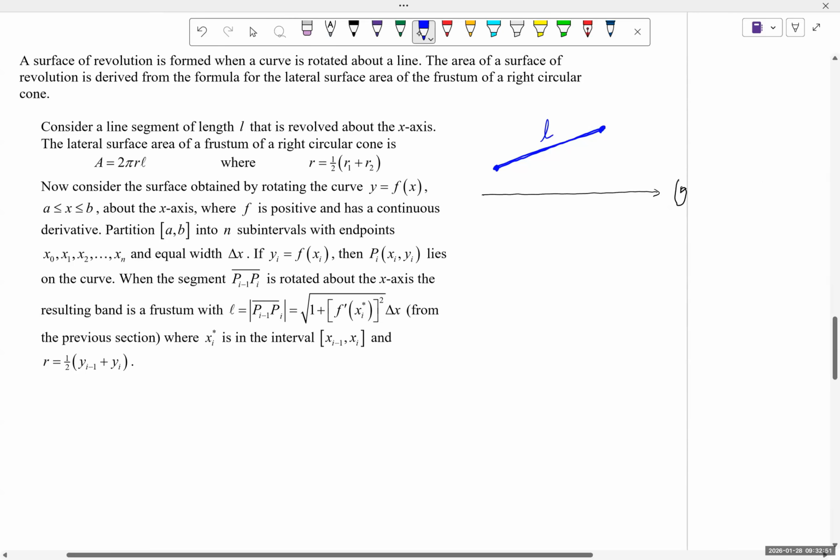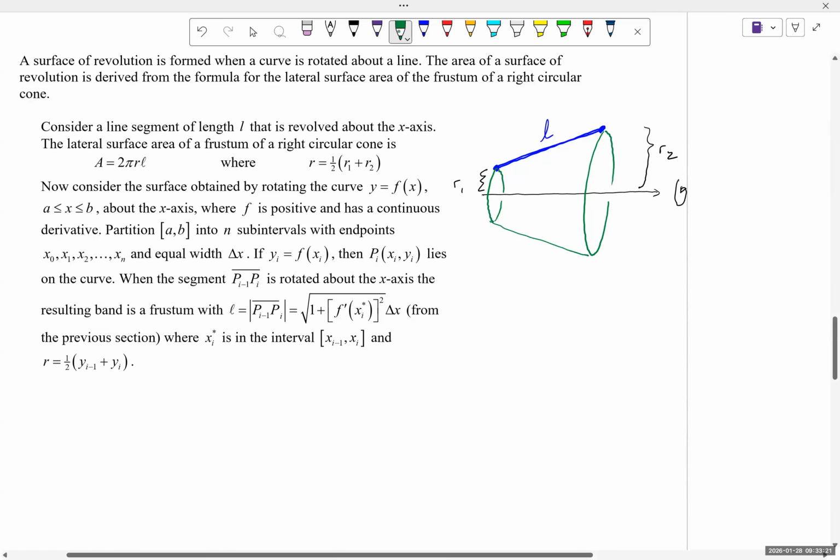I'm going to call the distance here little r1, and the distance there, big R2. The reason I'm calling them that is because when I rotate this around, it's going to give me a surface that looks something like this.